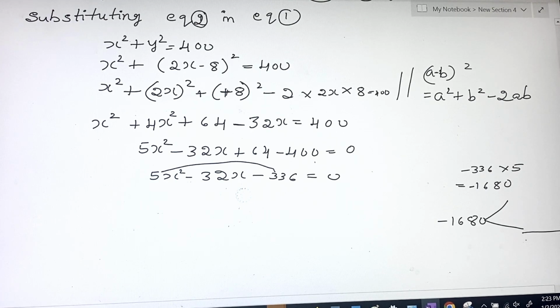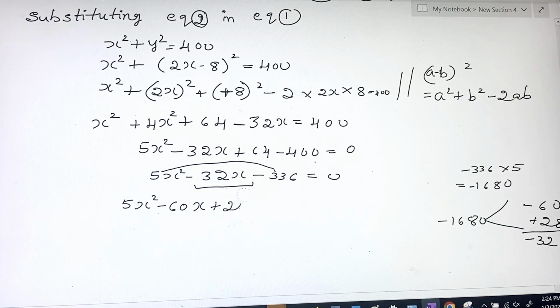When I multiply, I should get minus 1680, and when I add, I should get minus 32, the middle value. Which are the two numbers? They are minus 60 and plus 28. So now I'll write 5x square minus 60x plus 28x minus 336 is equal to 0.